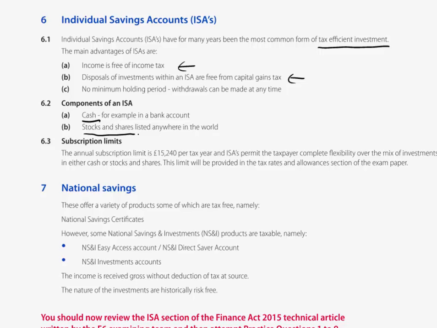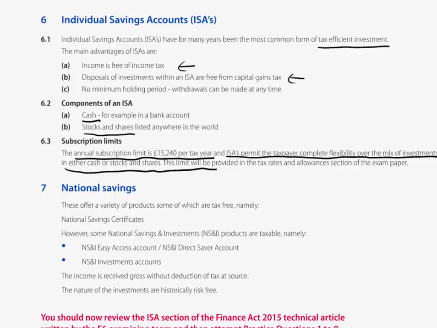There are limits, of course, that now apply each year in terms of the amount of investment that is available to you. But these levels of investment have gone up significantly over the last few years. Now our annual subscription limit for the 15-16 tax year is £15,240. It was not always so, but ISAs now permit the taxpayer complete flexibility over the mix of investments, in either cash or stocks and shares.